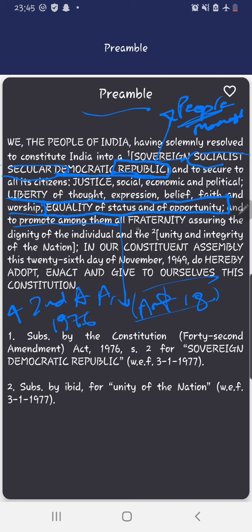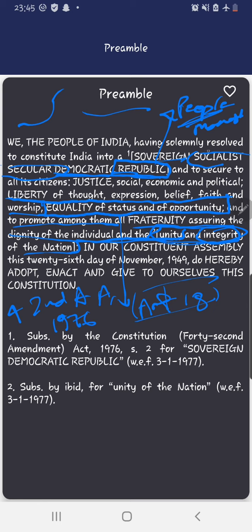Further, the term fraternity, assuring the dignity of the individual and the unity of the nation, was already there. But the term integrity, this unity and integrity, was combined later in the same 42nd Amendment Act of 1976. So, this was about the basic definition and terminologies related to the preamble to the Indian Constitution, and about the amendments related to the preamble.